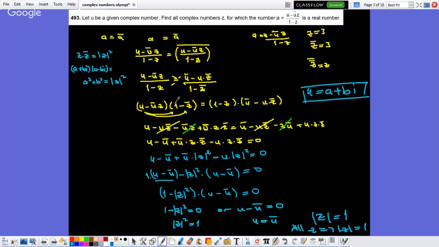Then I use the distribution law, and I got these terms: u minus u z conjugate and u conjugate z plus u conjugate times z conjugate. On the other side, we have u conjugate minus u z conjugate minus z times u conjugate plus u times z conjugate. Here, this term and this term are the same, and this term and this term are the same.